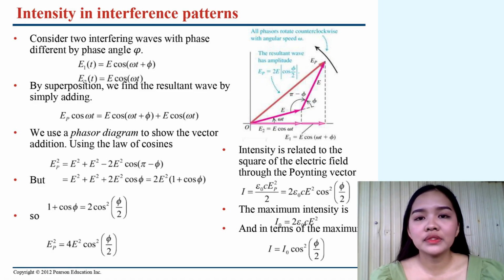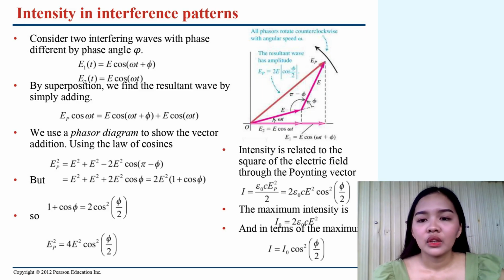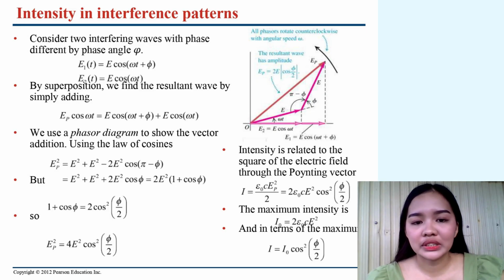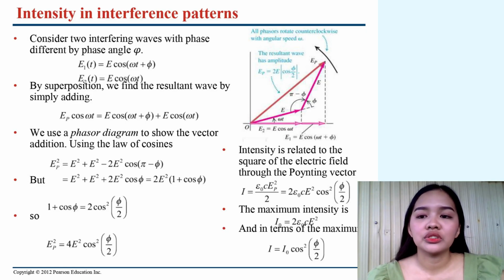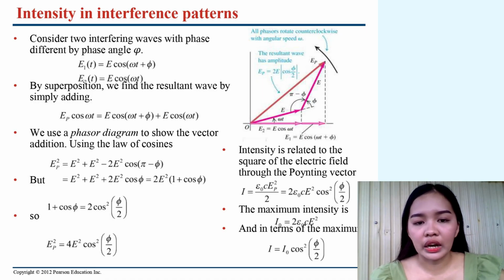When two waves meet, we add the phasors tip to tail. If each wave has an amplitude and the phase difference is given, the resultant amplitude is found using the law of cosines. This is the formula.